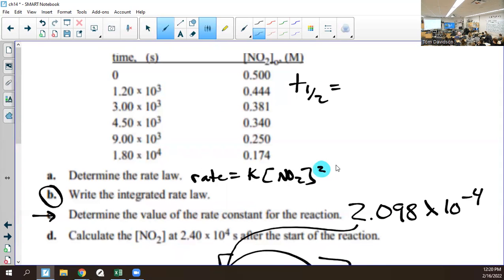See if you can figure that out. This was K, by the way, if you don't remember.